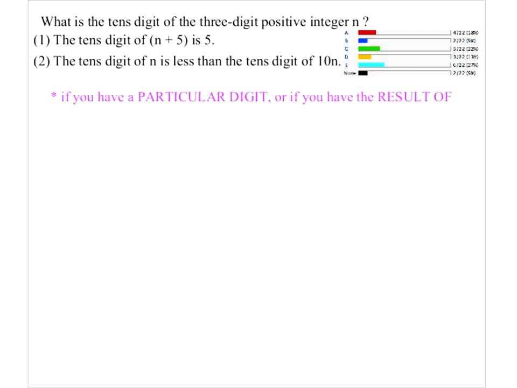The answer is no. But you can sometimes write an inequality. Okay, if your tens digit is 5, then that means that you are 50 to 59. Notice it's a 3-digit number, but this has nothing to do with the first digit. So we know that the smallest number that'll do that if it's a 3-digit number is blank 50. And the biggest number that'll do that is blank 59.